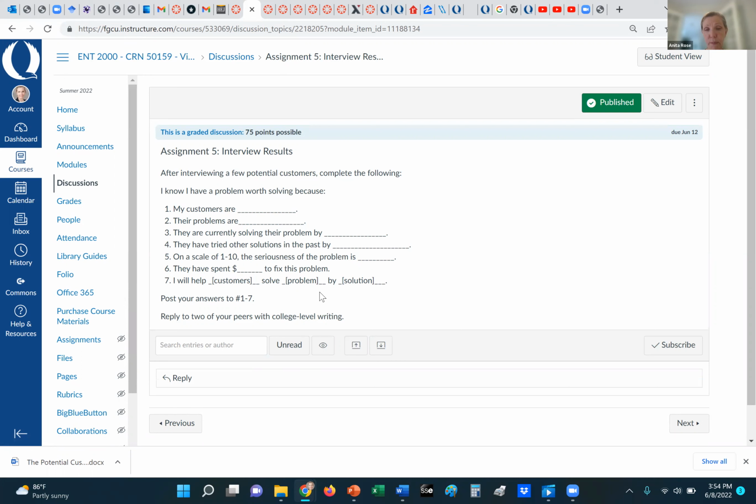Solve what is the problem by what is your solution. And you want to be very descriptive. Okay, and this is actually your value proposition. So that's what we're going to move forward with within the next module. So you will need to have that in time for that. All right, so let's move towards the slide deck for customer discovery.